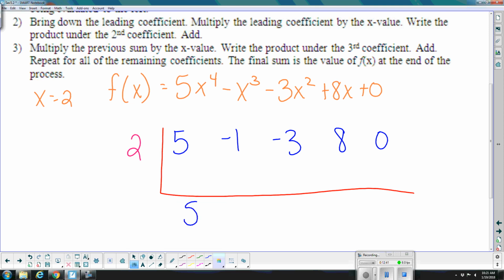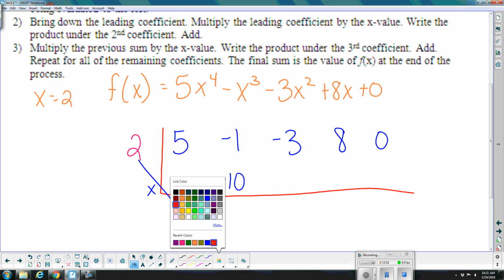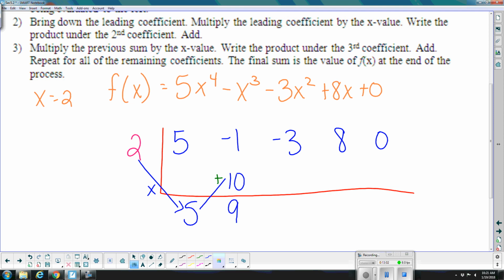And then I'm going to multiply 2 times 5 to get 10. Then I'm going to add -1 plus 10 to get me 9.